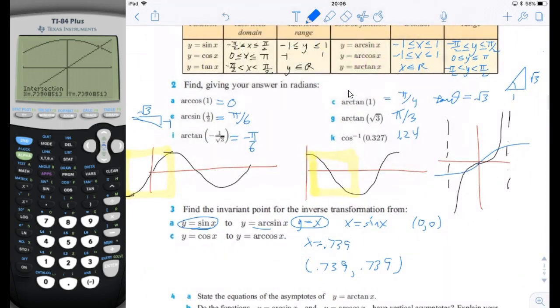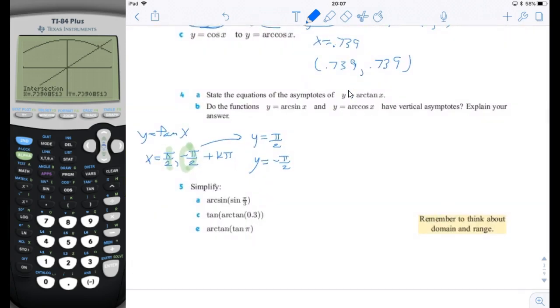The blue function here is a version of tangent of x, which is flipped over the y equals x diagonal line, and the asymptotes are also flipped over. And so basically they're horizontal asymptotes, so they'll have the form y equals something, and the something is just going to be the same values as the black asymptotes, which is negative pi over 2 and pi over 2. So those are the two functions.